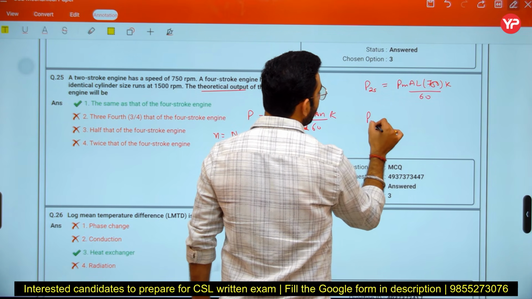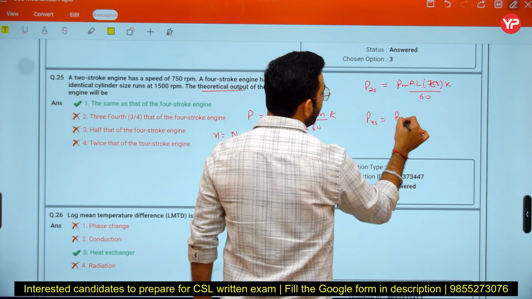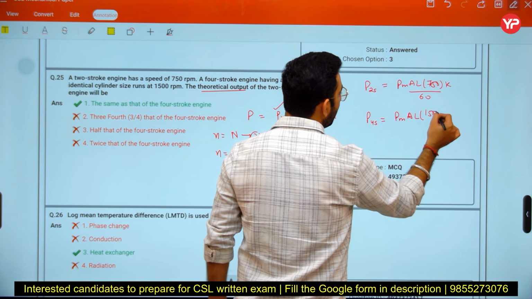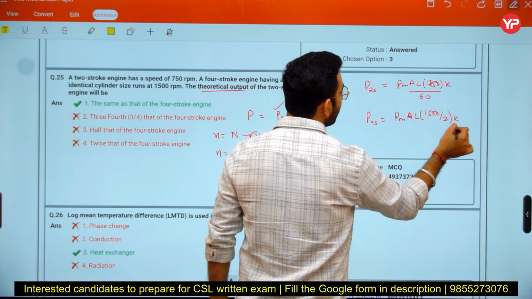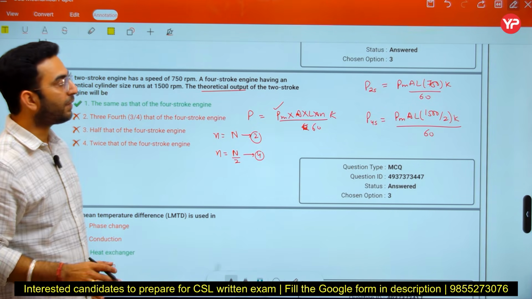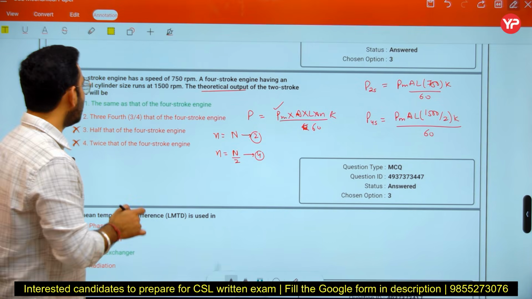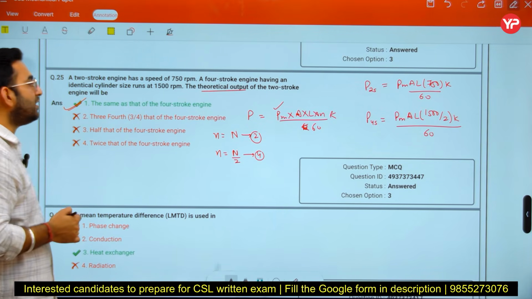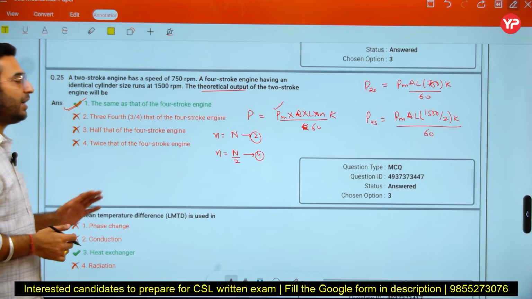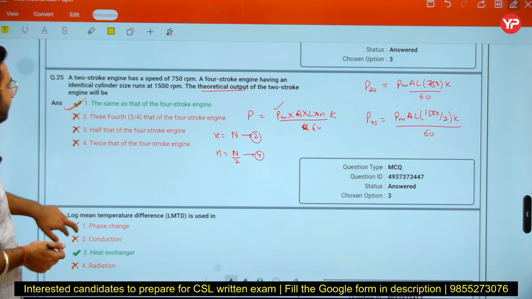And if you talk about a four-stroke engine, you are going to get mean effective pressure area into length of stroke multiplied by 1500 divided by 2 multiplied by K divided by 60 there. Okay, so theoretically they are providing you the same values here. So I can say both of these engines are going to give you the same theoretical power output. Okay, now so option number A is going to be the correct answer in this case.